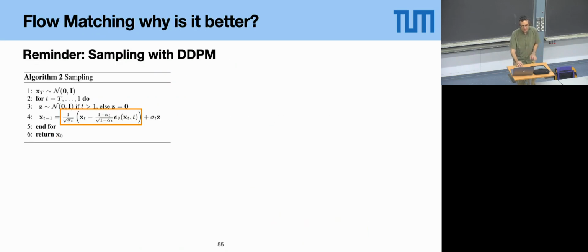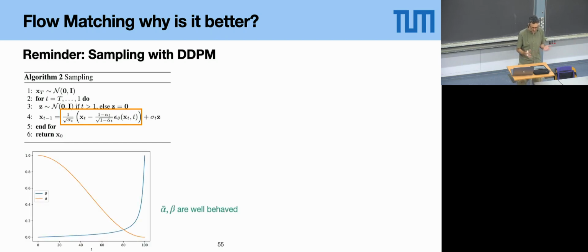Now, there's one other difference that I want to mention here. I mentioned before, these alpha-beta terms play a crucial role in DDPM. It's actually fun to look at those for the normal process. So for a typical noising schedule, this is actually what the alpha values look like.